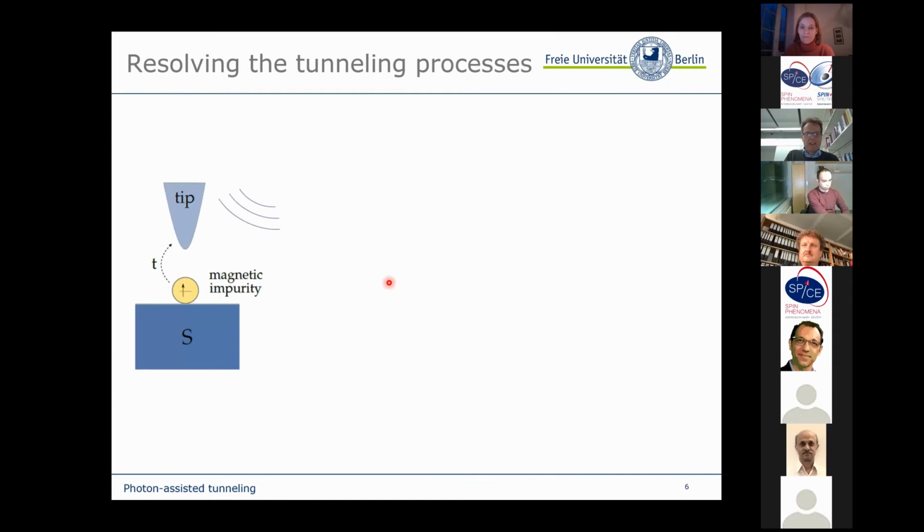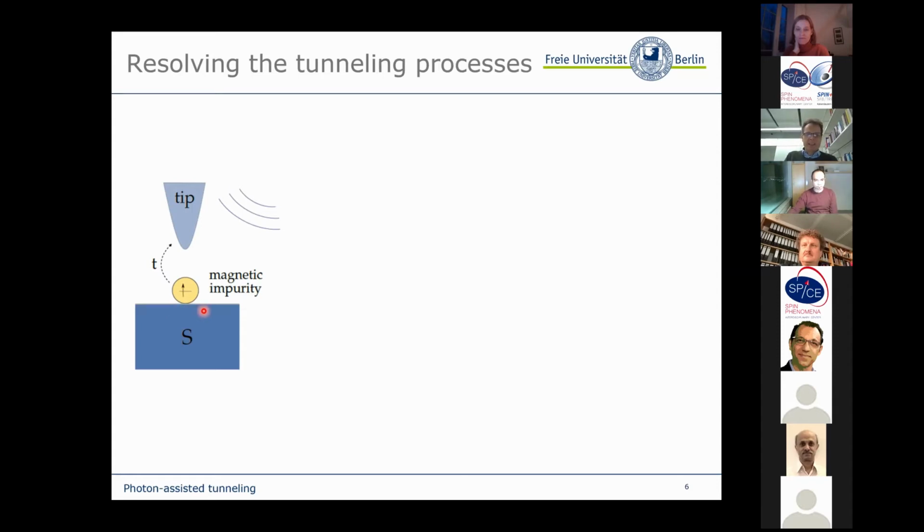So ultimately, the interest is to do this photon-assisted tunneling and analyze the tunneling processes for specific or individual subgap states associated with individual magnetic impurities, so individual Yu-Shiba-Rusinov states, for example, or ultimately maybe for the Majorana bound states.